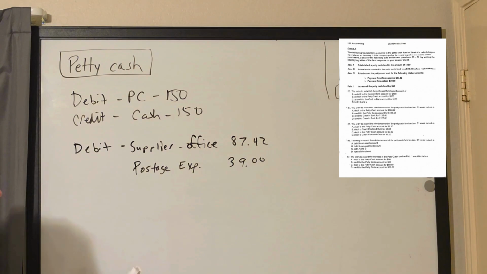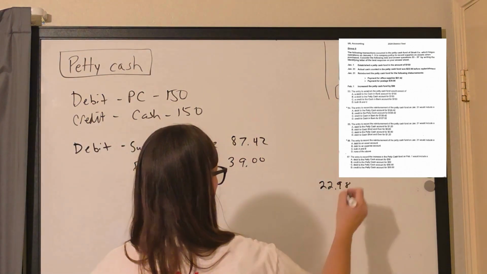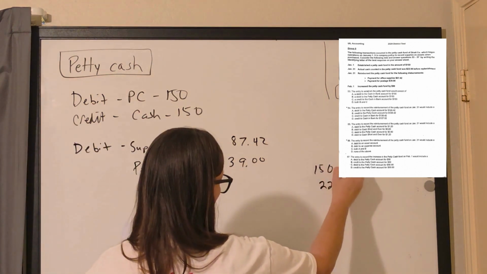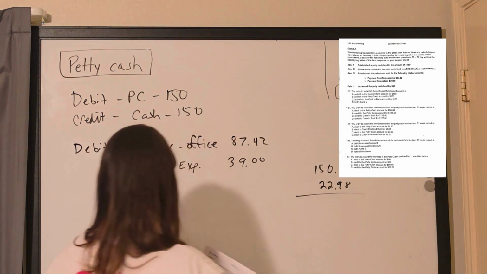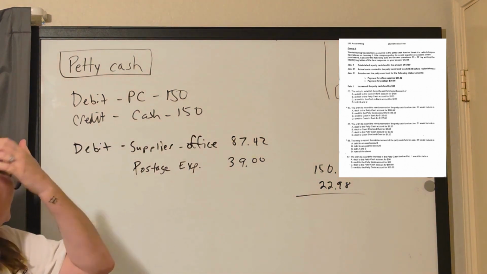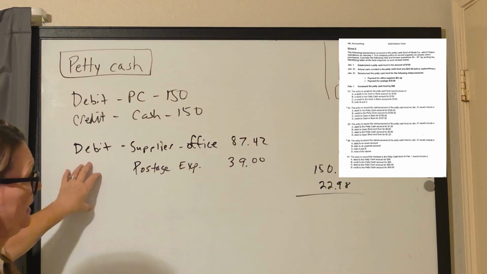Okay, now it says, this is important to know, that the actual cash that they counted in the fund was $22.98. That's how much they counted. Well, here's something we need to do here. So we're trying to figure out how much cash to put back in, right?